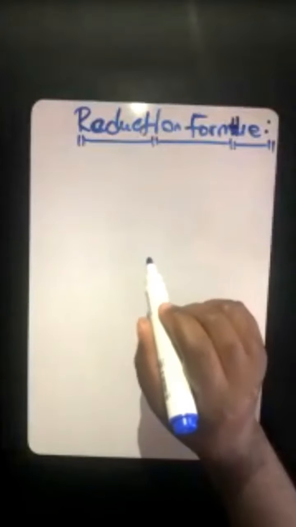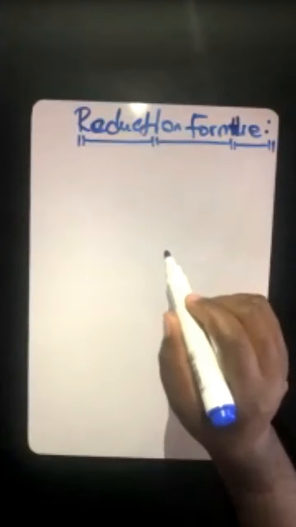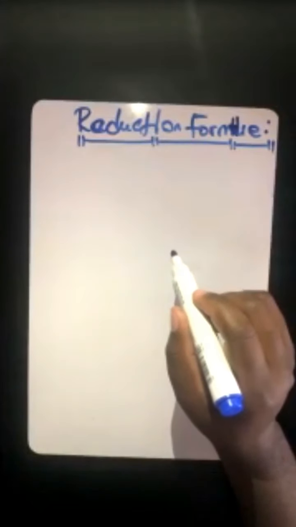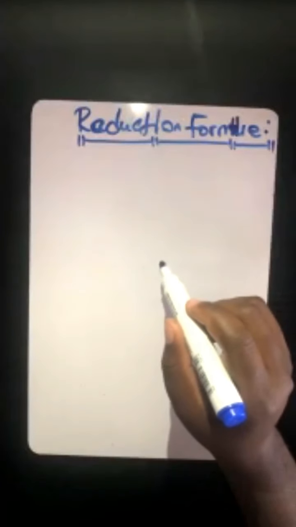So, ladies and gentlemen, what are we saying when we talk about reduction formulae? Let me just say it for the last time. Reduction formulae are used to reduce the trig ratio of any angle to the trig ratio of an acute angle.